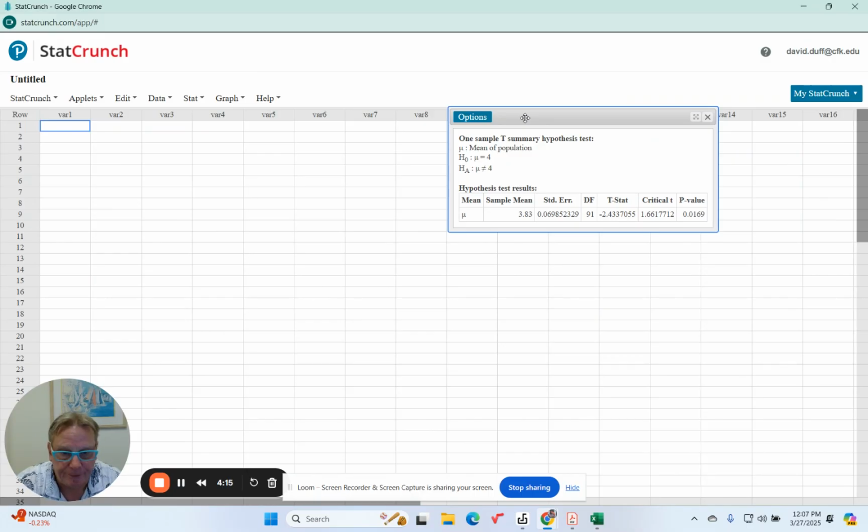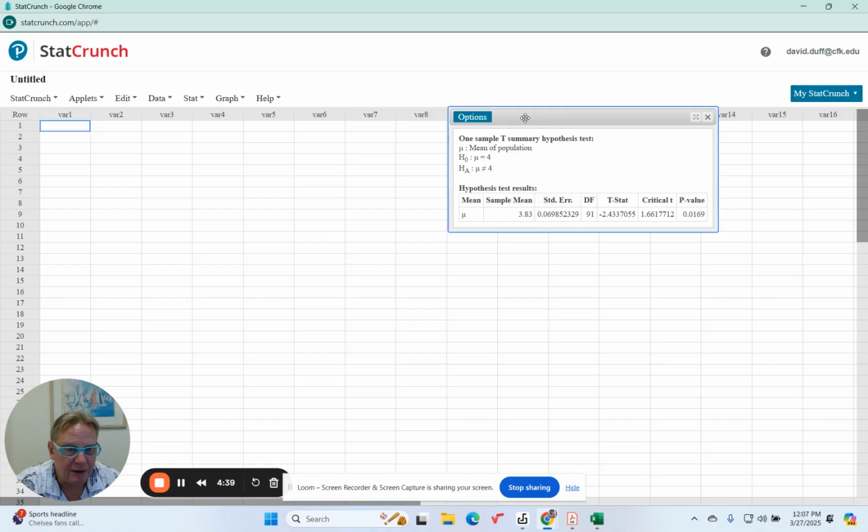And there's our values. We have our hypothesis test for the population mean. We have our sample mean, our standard error, which is the standard deviation divided by the square root of the sample size. We have the degrees of freedom, which is 1 less than the sample size. Our test statistic, and then our critical t-value.